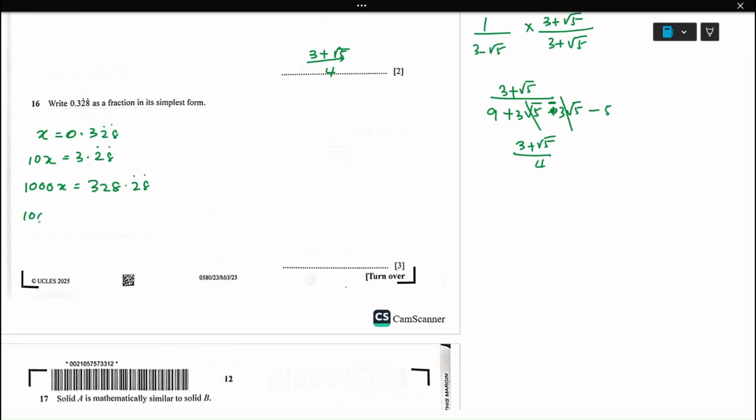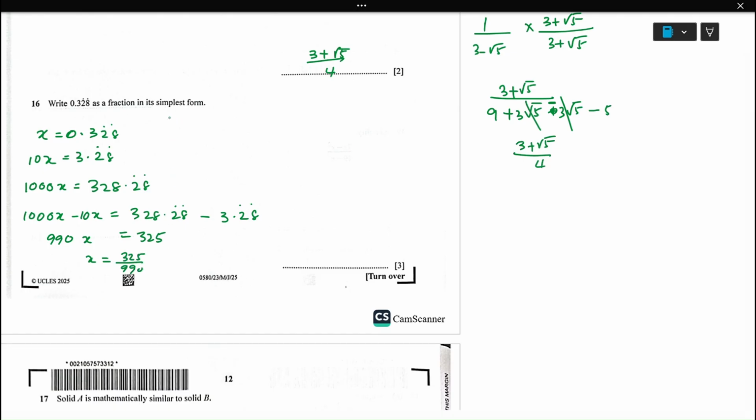So 1000x minus 10x equal to 328.28 recurring minus 3.28 recurring. So the left side is going to be 990x equal to 325. All the recurring is gone after the decimal because of the subtraction. So 328 minus 3 is 325. So x equal to 325 over 990.